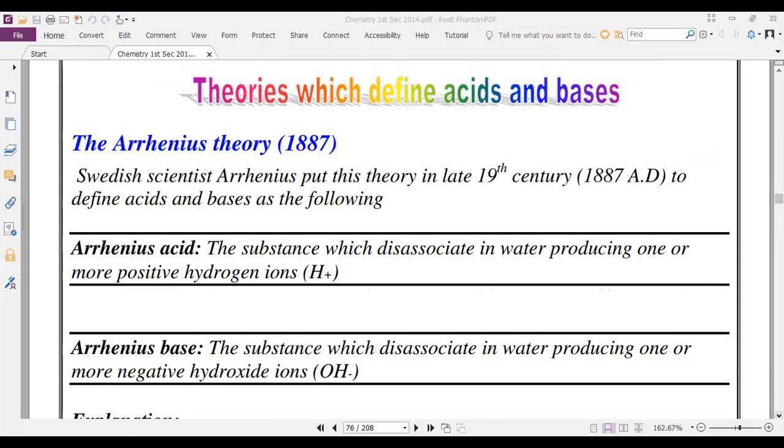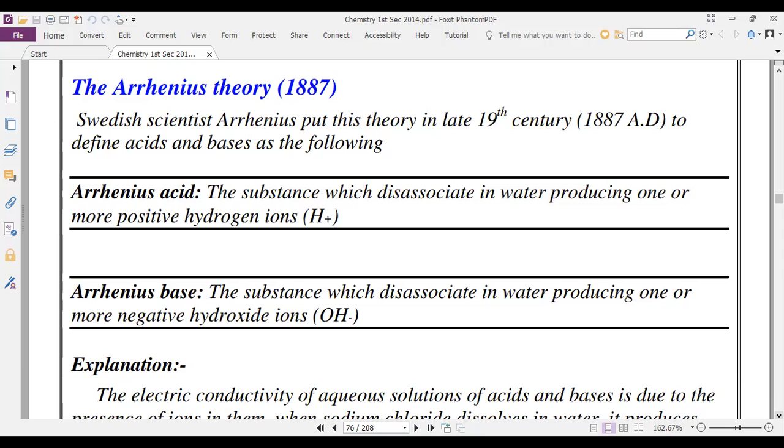Arrhenius acid is a substance which dissociates in water producing one or more positive hydrogen ions, while Arrhenius base is a substance which dissociates in water producing one or more negative hydroxide ions.